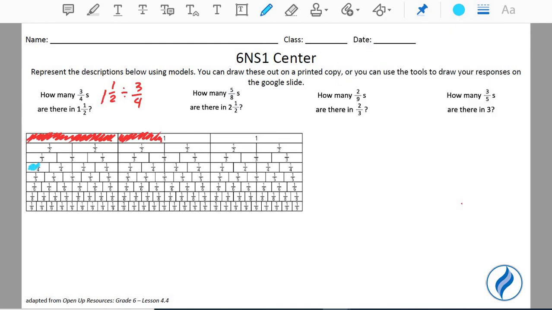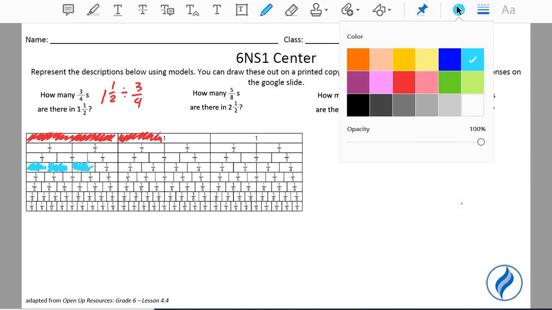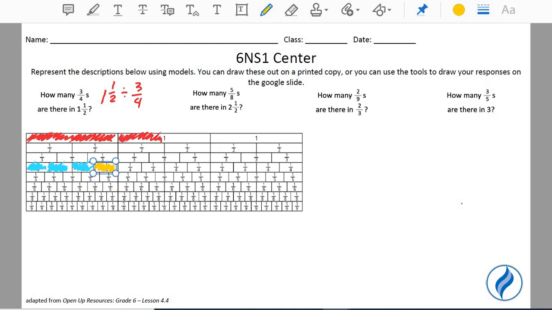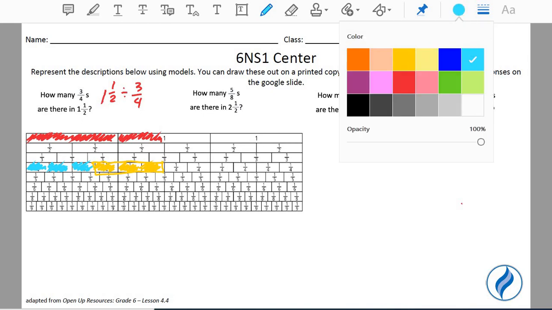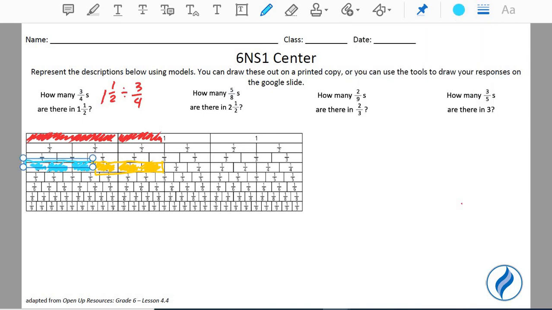And I want to see how many 3/4 there are. So this is 1/4, 2/4, 3/4. So there's 1, and then I'm going to change my color again. And then there's 1/4, 2/4, 3/4. So here's a group of 3/4, and here's another group of 3/4.